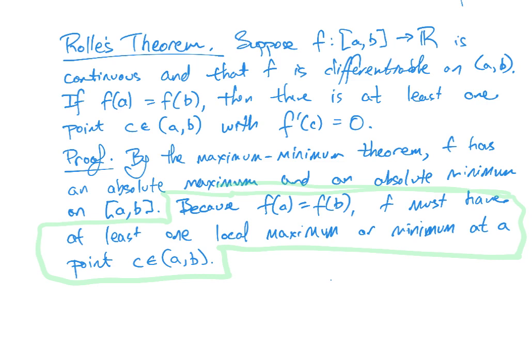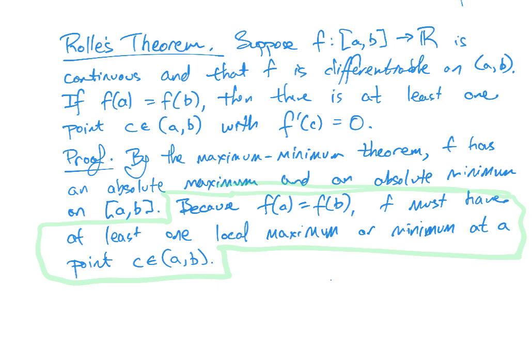So the point is, f of a and f of b might be neither the absolute max nor the absolute min, in which case you've got both an absolute min and an absolute max inside. Okay, then you're fine. Or f of a and f of b could both be the absolute max, but then if they aren't the absolute min, you've got a relative min, a local min on the inside.